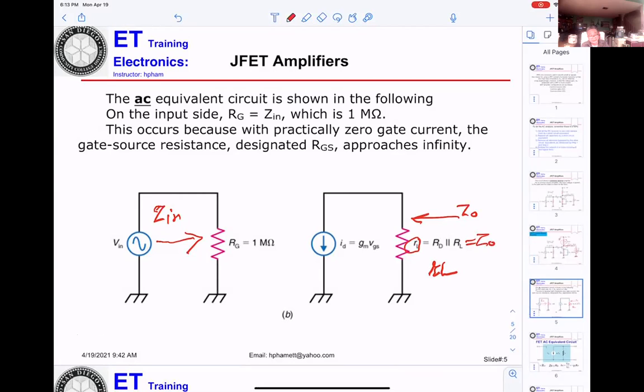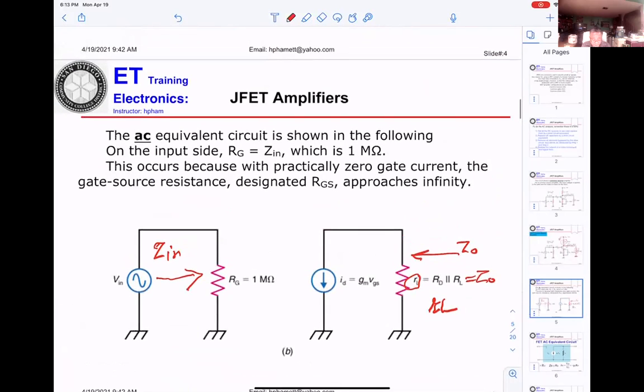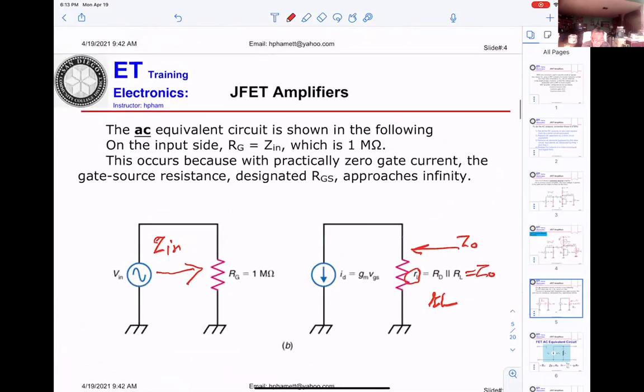The only thing you need to understand is that when you're looking from the output into the amplifier, how much resistance you see, that's what they call output resistance. On the input side, RG equals Z in, which is 1 megaohm. That means this is the input resistance to the amplifier.